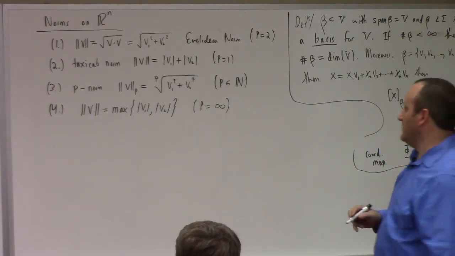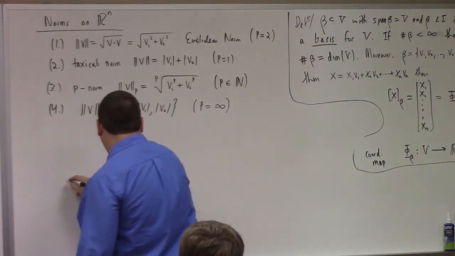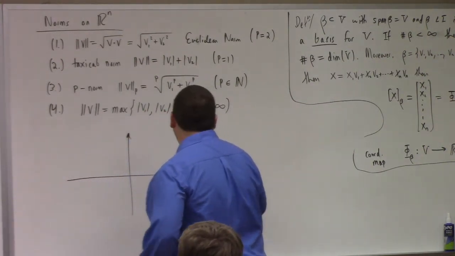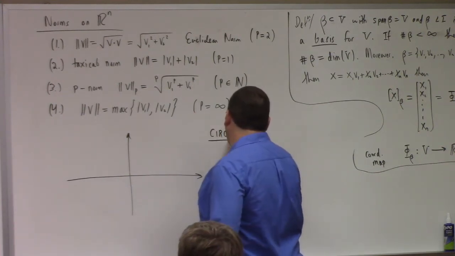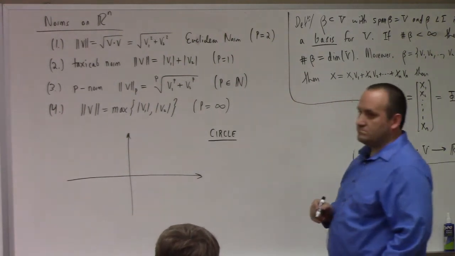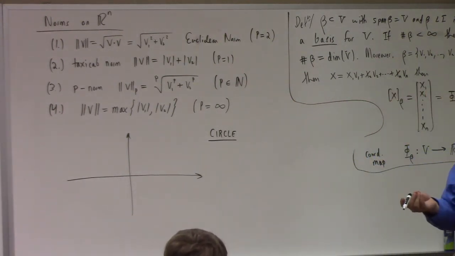Let me draw you a picture and show you why that's a reasonable statement. So, what's a circle? You say a circle centered at the origin, right? It's the set of points which are equidistant from the center point.